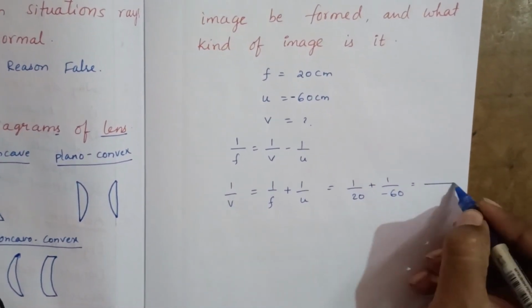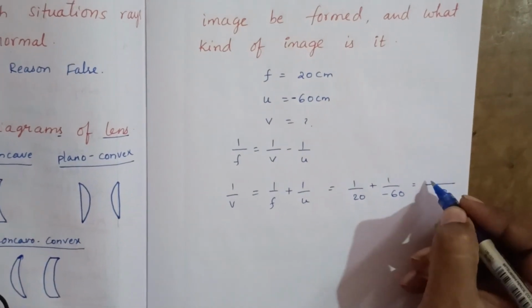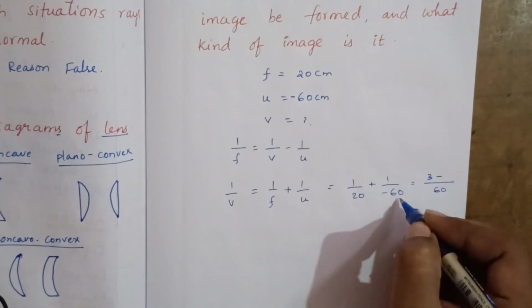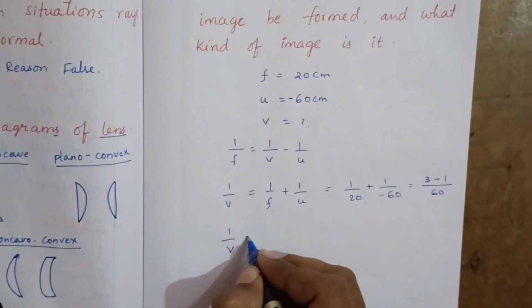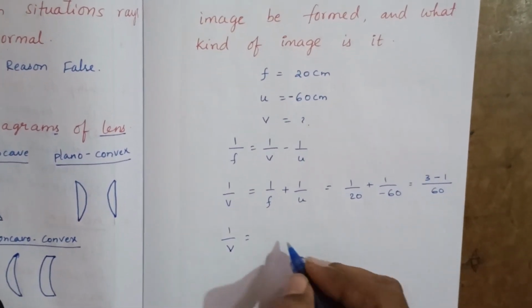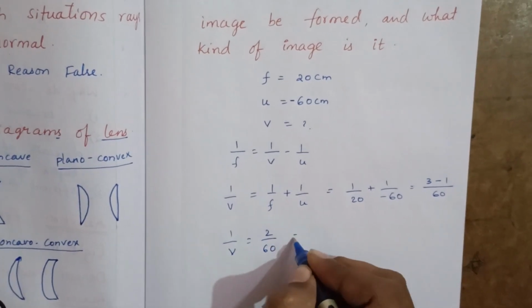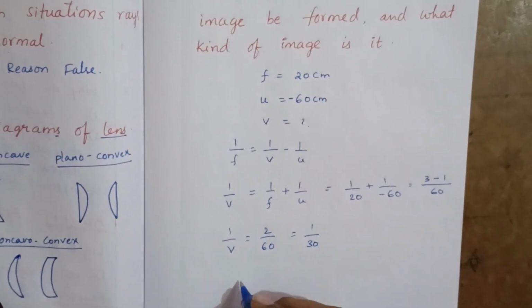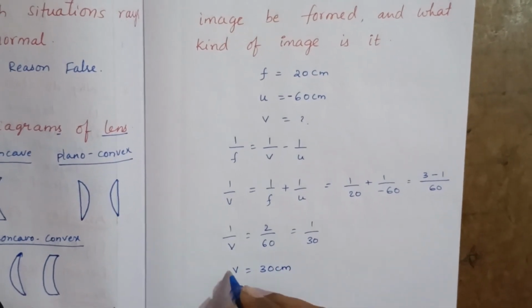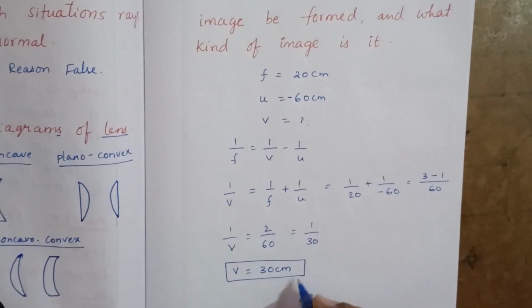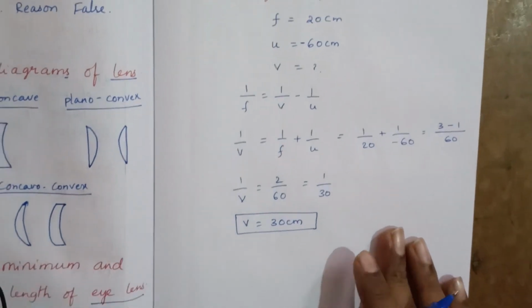Directly I am writing LCM 60. Here 3 times, minus 1 time. So 1 by v equal to 3 minus 1, 2 by 60. That becomes 1 by 30. So image formed is at 30 centimeters. Image distance is 30 centimeters.